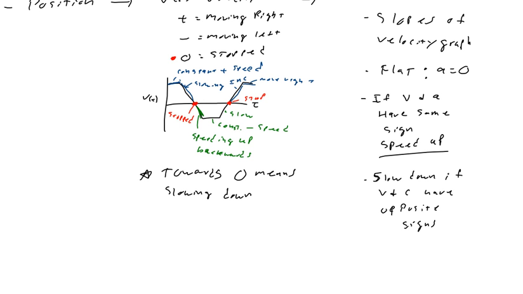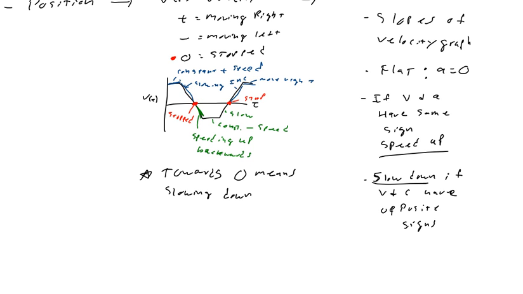So if your velocity is positive, like up here, and your acceleration is negative, as you have a negative slope, positive velocity, negative slope, you slow down. Here we have positive velocity and positive acceleration because our slope is positive. So we are increasing in speed here. Here decreasing speed, here increasing. The negative side, same idea.